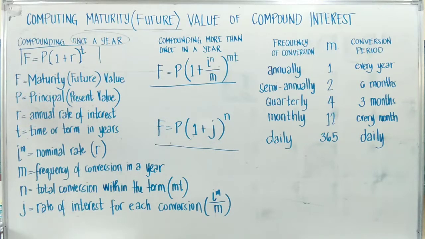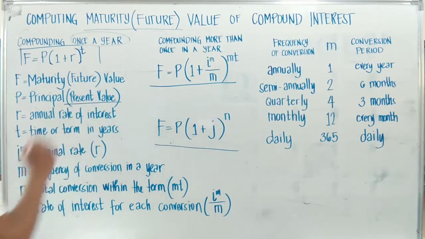Principal is a general term used for compound and simple interest, but in compound interest, a principal can be your present value. If you're interested, you can watch the illustration and the differences between compound interest and simple interest. There you can find the term present value and how you can define it by illustration.